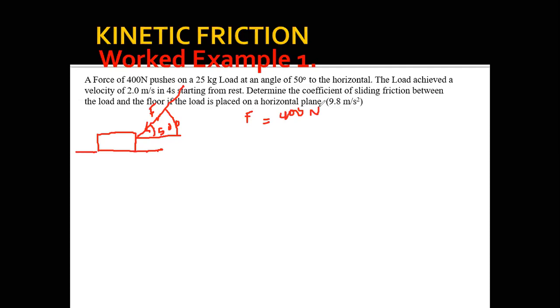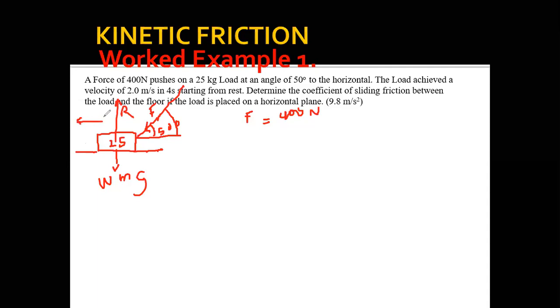Okay. Then what again were we told? So this object moved from rest. What's the mass? This object is 25 kg, which will come here as Mg. That will be the weight. We have the normal reaction. Then this body after 4 seconds, the velocity was what?